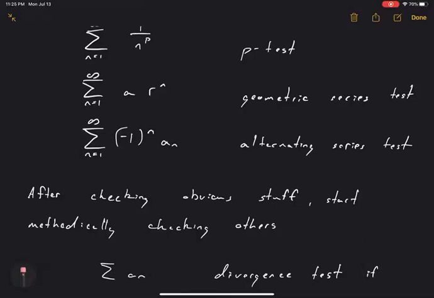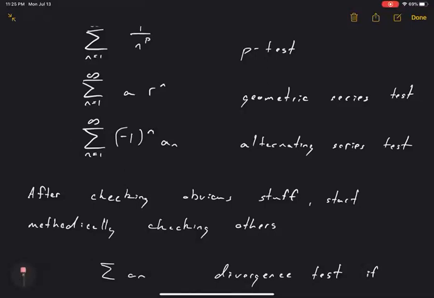But if you see a -1 to the power n, like we have here, that tells us we're going to have some sort of alternating sign. Now, there's some conditions that go with the alternating series test, and I'm not going to go over all of them again here. We have to be careful with this because there's some conditions to check. But that -1 to the power n, that's a very good indicator that maybe you should be using the alternating series test.